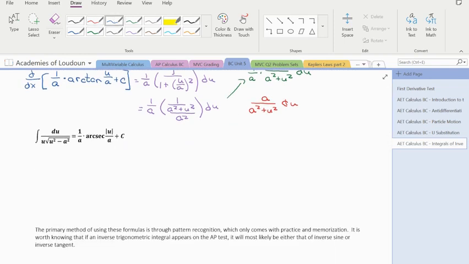Okay, looking at the arcsecant, we have d dx of 1 over a times the arcsecant of the absolute value of u over a plus c, which gives us 1 over a.